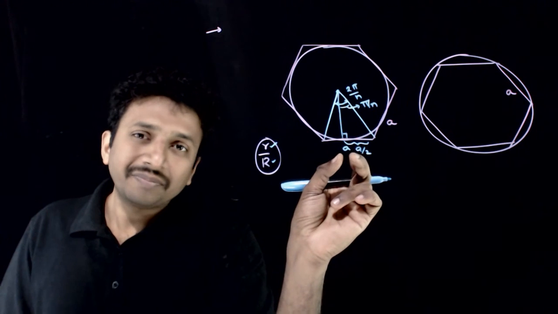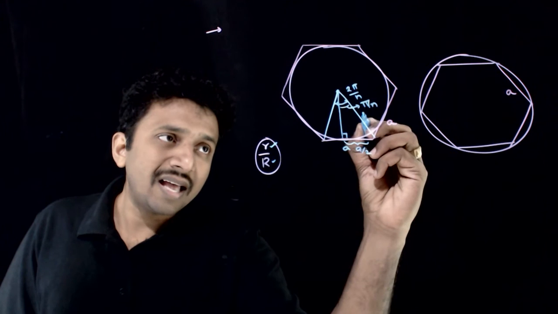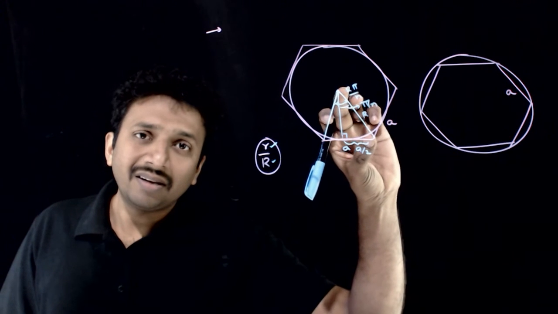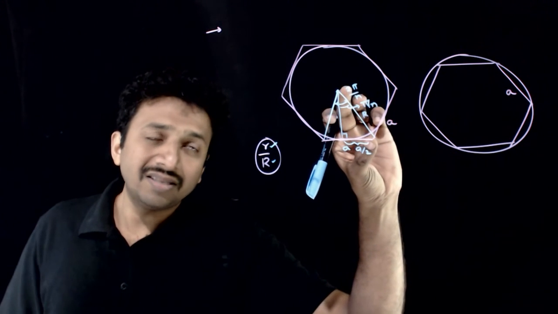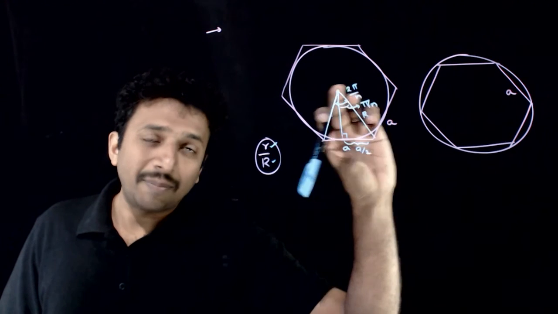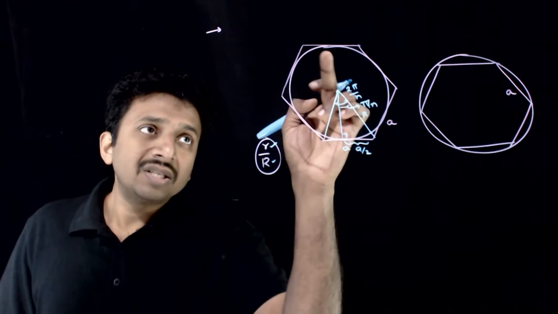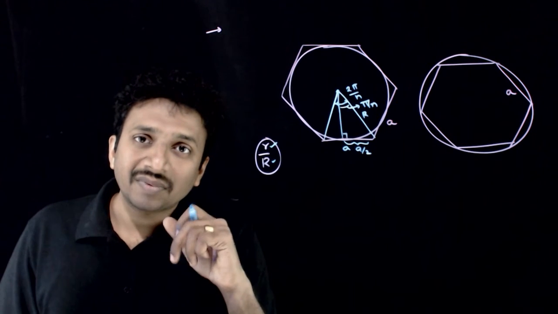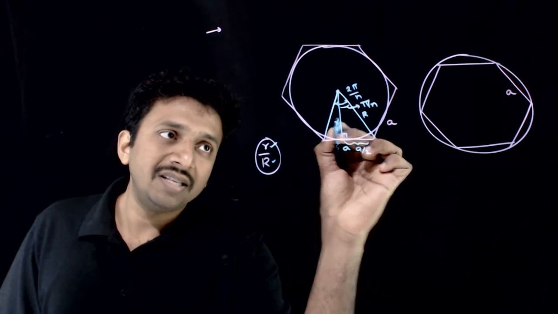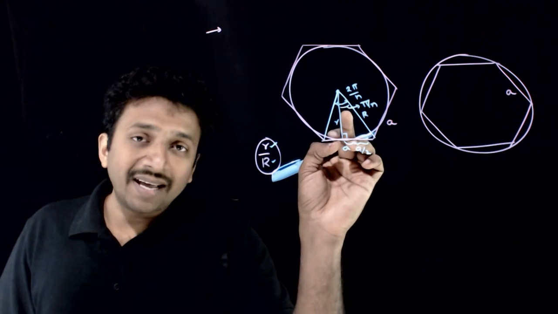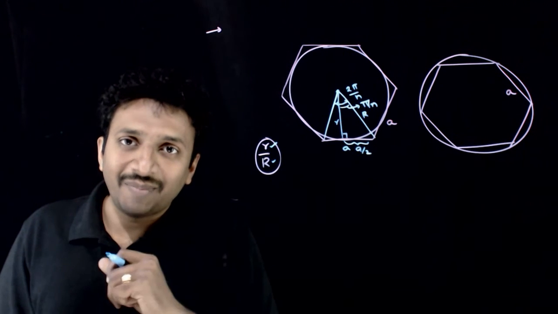This is nothing but the radius, capital R, right? So in this right angle triangle, small r is the radius of the incircle, this angle is pi by n, and this side is a by 2.